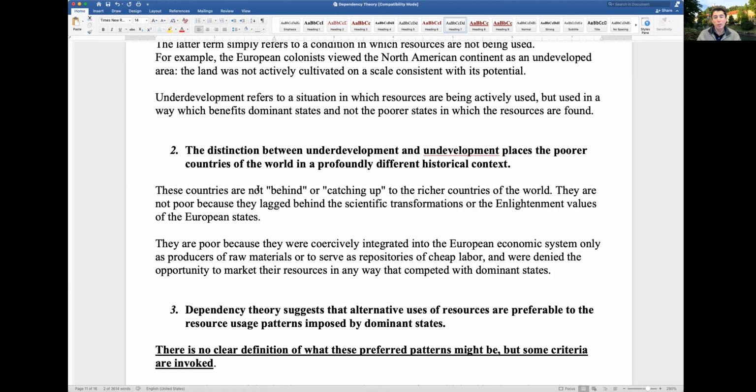The British, for example, already conquered Africa and Asia. The historical context is totally different. There is no way to compare this, right? So, according to dependency theory, they are not catching up, they are not behind, they are poor because rich countries are making them poor.